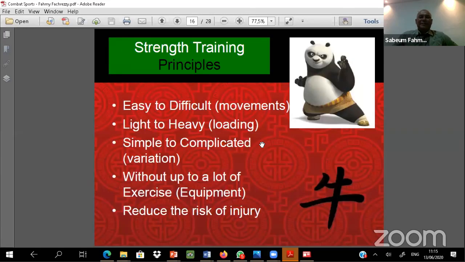Easy to difficult movement. Sometimes we see something on YouTube and say, well, this is a nice movement, but it's not good for my athlete. Not all YouTube is good for my athlete, because the condition is different. I remember one coach gave an athlete one-leg jumping power for 10 hurdles.